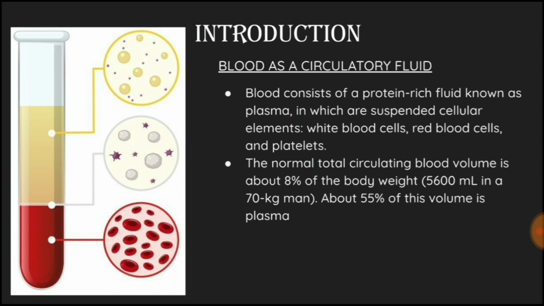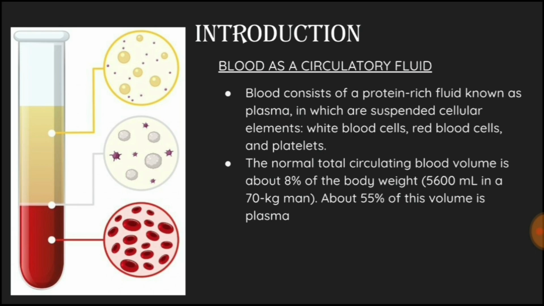Firstly, blood consists of a protein rich fluid which is called plasma. This plasma has certain suspended cellular elements. Cellular in the sense there are cells inside the plasma. So blood is referred to as a protein rich fluid called plasma, and this plasma consists of cellular elements like WBCs, which is white blood cells, RBCs, which is red blood cells, and platelets.